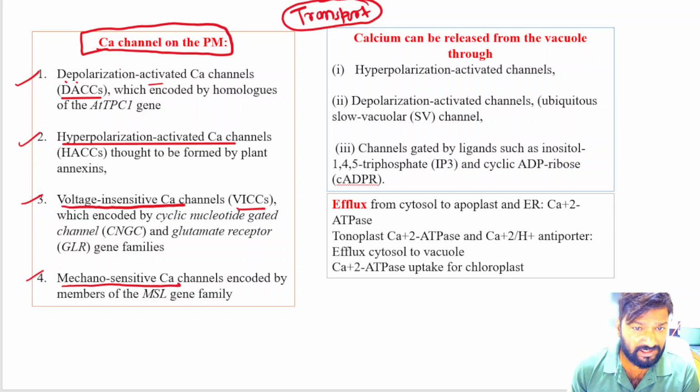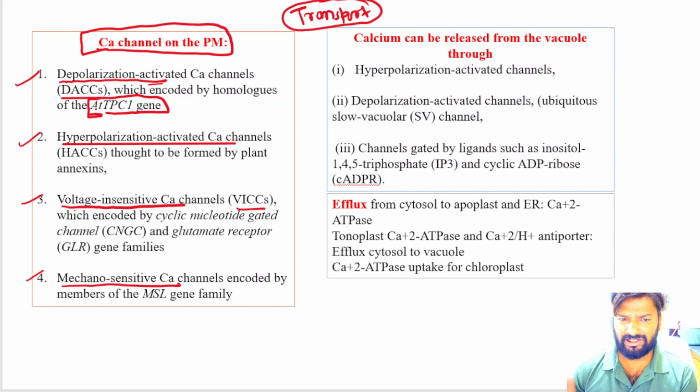As the word itself tells, depolarization activated calcium channels are activated by the depolarization process and regulated by the gene Arabidopsis thaliana TPC, AtTPC. Second, HACC, the hyperpolarization activated calcium channel, is formed by the plant annexin.